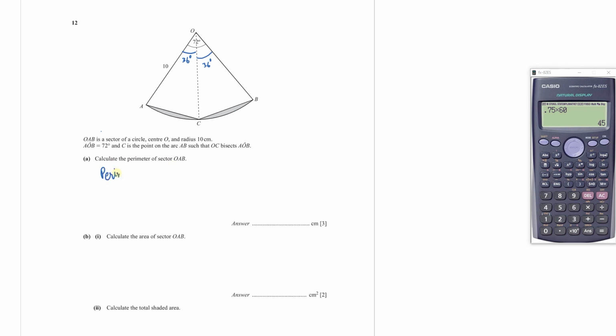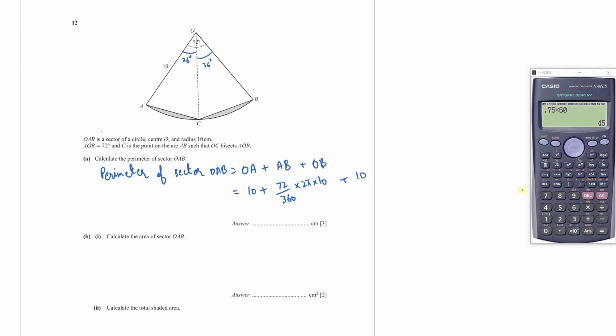So this perimeter of sector OAB will be this radius, the length OA, plus arc AB, plus this radius OB. So OA is 10, plus this arc length, which will be angle over 360, 72 divided by 360 times 2 pi r, and r is the radius, which is 10, plus this length OB, which is again 10.